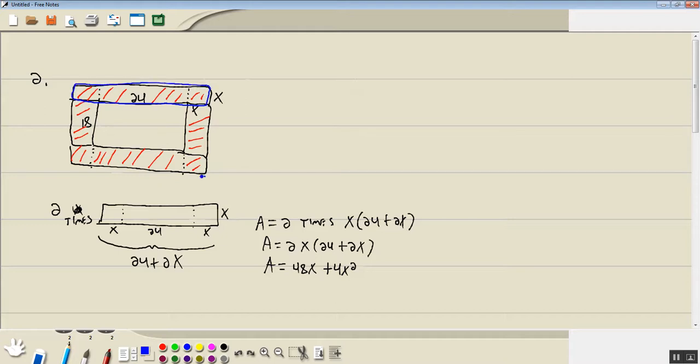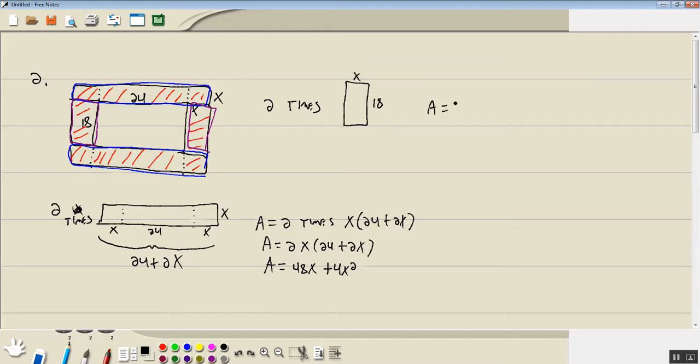Now we're going to look at that first rectangle was this right here. And I had two of them because there was one down here the same size. Now my next one is going to be this right here, this rectangle, and this rectangle, which happen to be the same. Okay, let me do it up here. So I'm going to have two of them. So 2 times, and if this distance is 18 and this distance is x, then I'm going to have 18 here and x here.